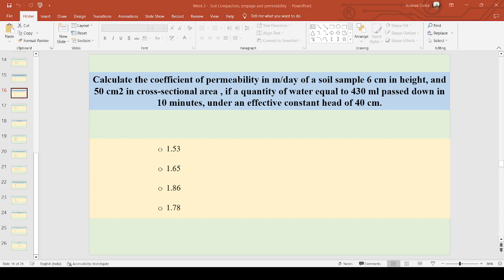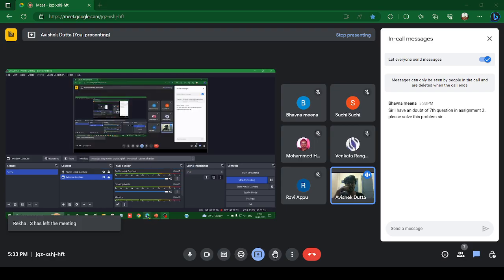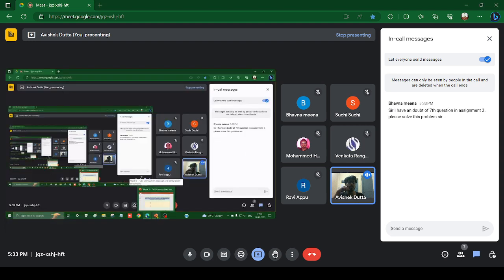Assignment 3. Who is this? Bhavna. Yes, Bhavna. What is your doubt? Assignment means the assignment given by your course coordinator. Sorry to say, but I am not entitled to solve your assignment problems.